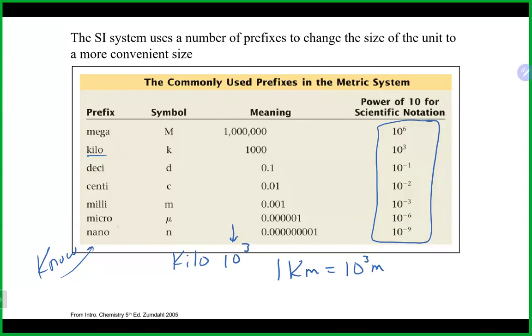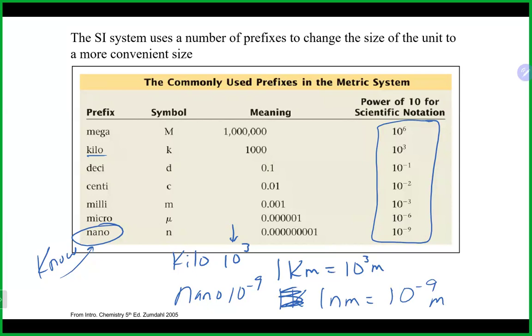Just like if we had nano here. Nano is 10 to the minus 9. That is 1 times 10 to the minus 9. You would put it in your calculator just like we talked about scientific notation. Use your exponent button. 1 nanometer is equal to 10 to the minus 9 meters. So again, you want to make sure that you do those correctly. It is, as I mentioned previously, very common that people do that sort of conversion backwards.